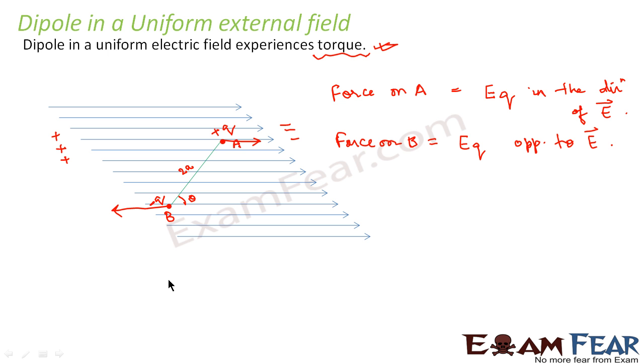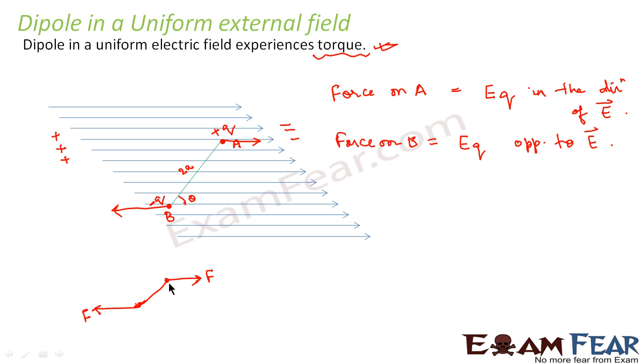Let us suppose, forget about this scenario. Let us suppose you have a small stick. You apply a force F at one end point in this direction and you apply the same force F at the other end point in the opposite direction. So what will happen?